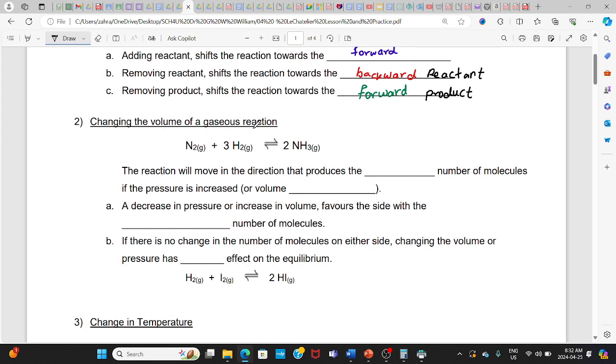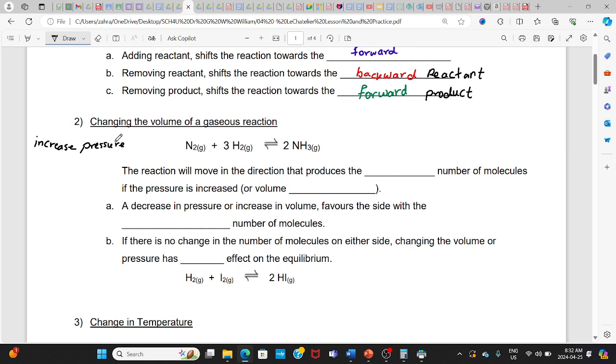Changing the volume of the gases. Let's see if we change the volume, what happens to this? The reaction will move in a direction that produces the least number of molecules if the pressure is increased. Let's just talk about the pressure increase. If you increase the pressure, what do you do to the volume?